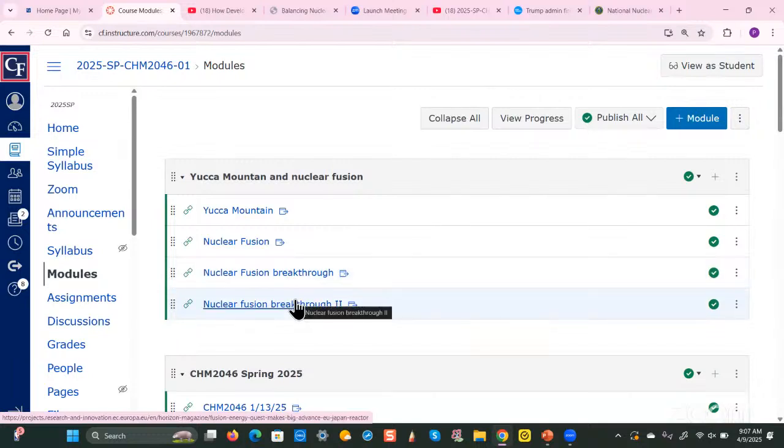Basically, they're describing different scientists in different parts of the world chasing this goal of carrying out nuclear fusion so that it produces energy as an alternative source. One particular advantage of this process is that it does not produce the amount of waste that would be produced by nuclear fission.